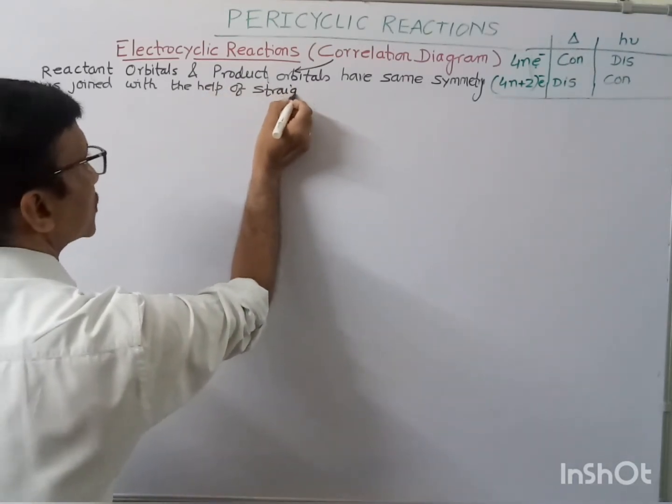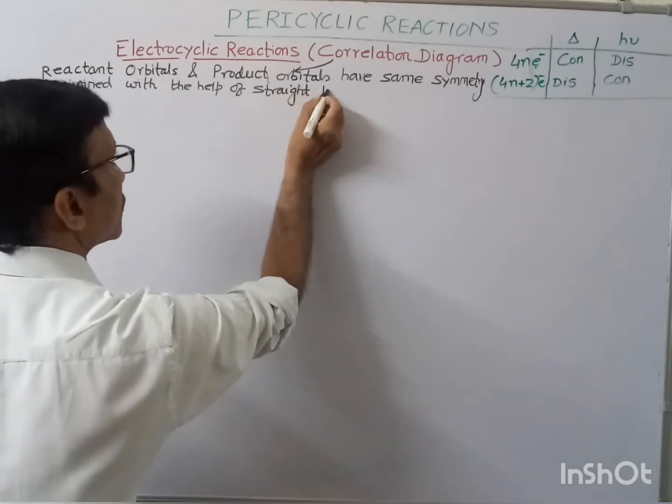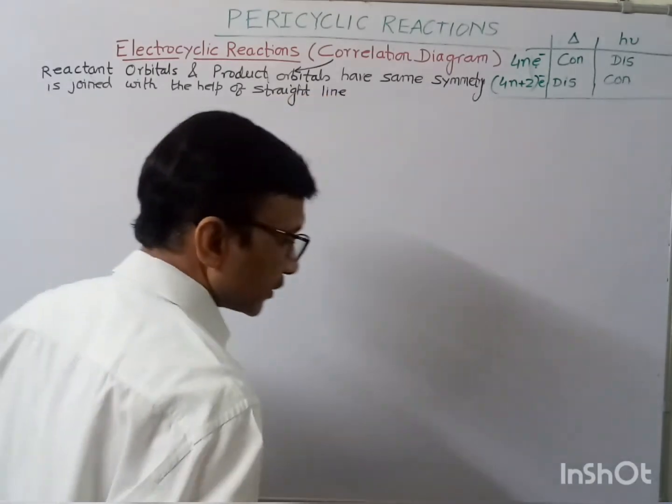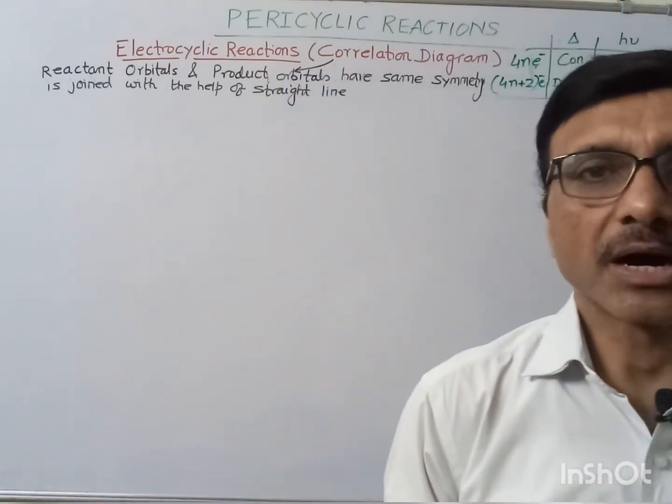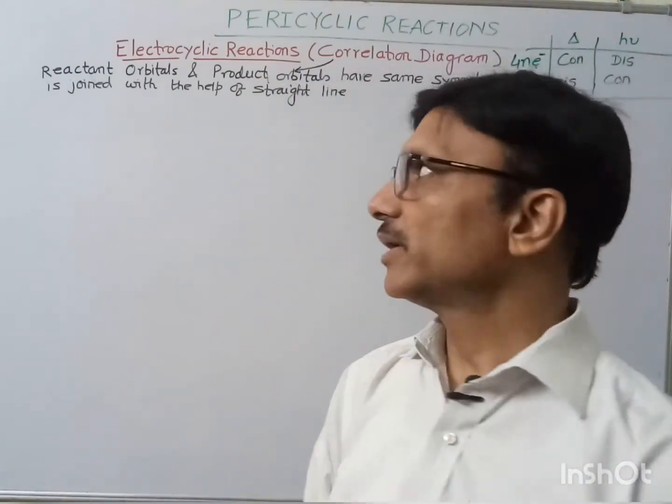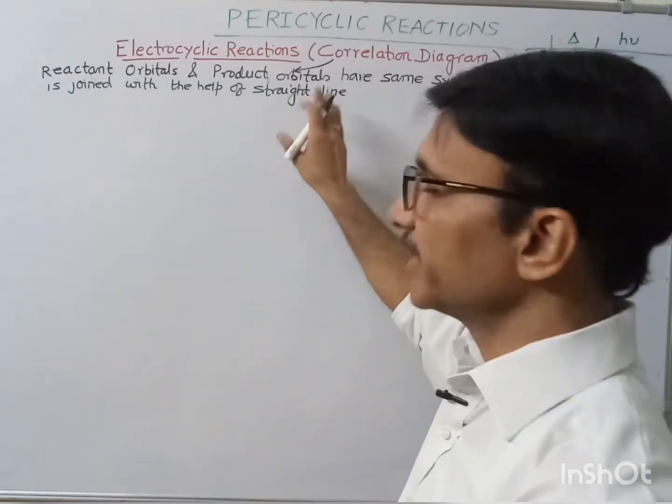So this is the correlation diagram. Same symmetry molecular orbitals are correlated, joined with the help of a straight line.